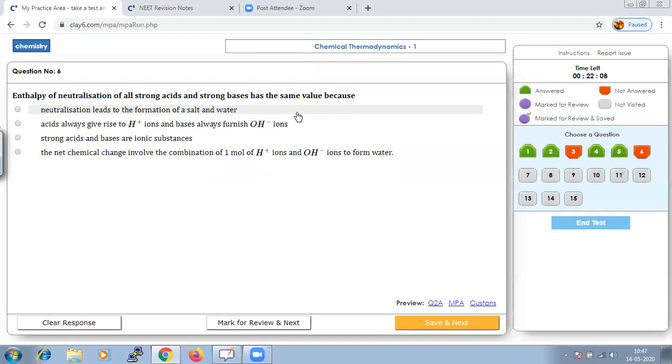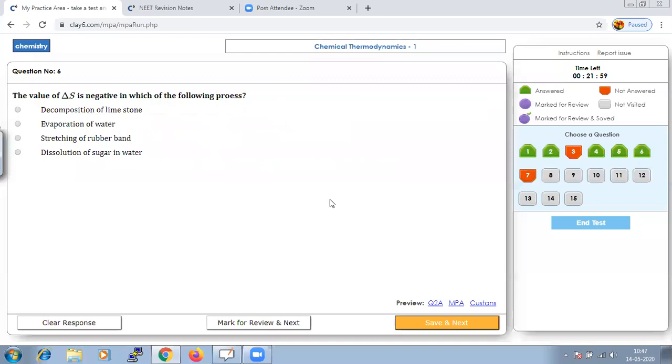So if we check the options, this net chemical change should be the answer. Save and go to next.